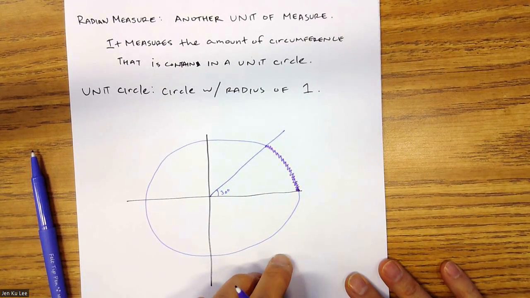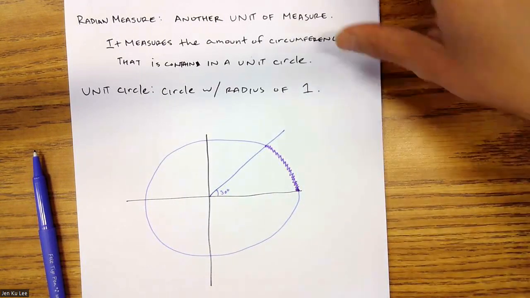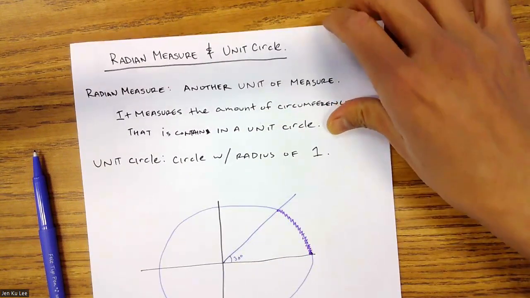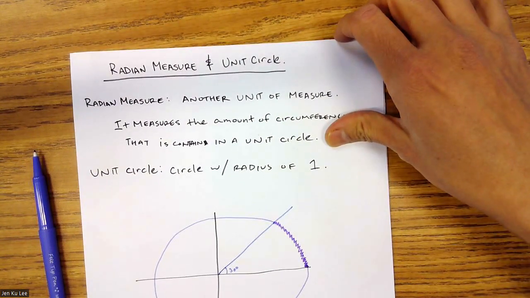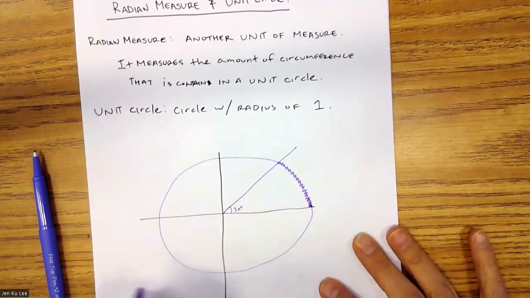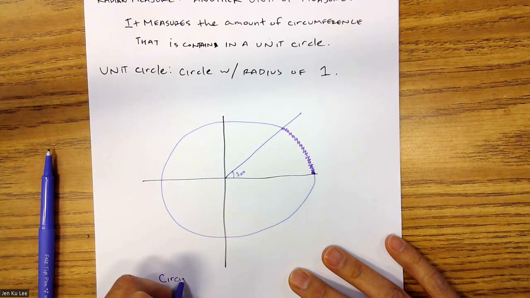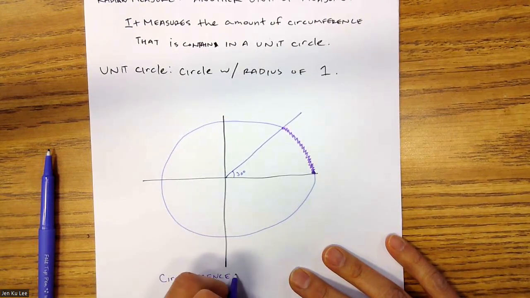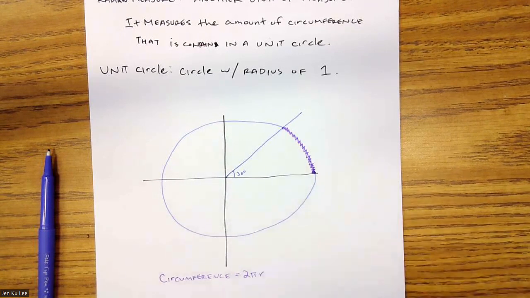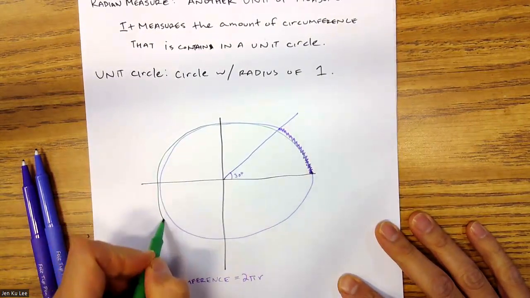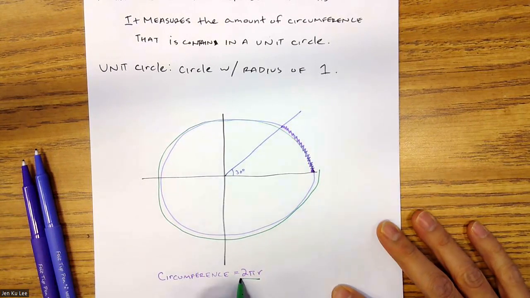Okay. So what we have to know is we can go from radian measures to degree measures with one simple thing. Because it deals with circumference, you know that the circumference of any circle equals 2 pi r. That means that the length of the whole circle is equal to 2 pi r, correct?